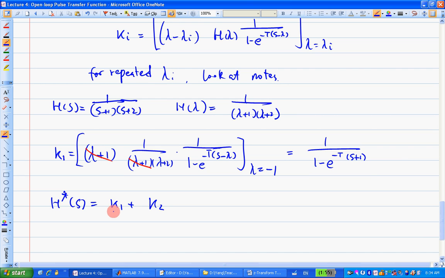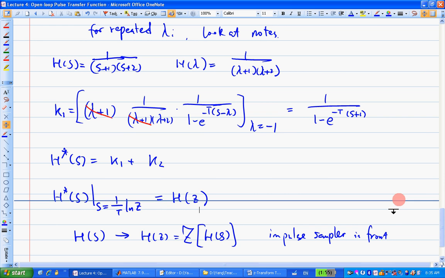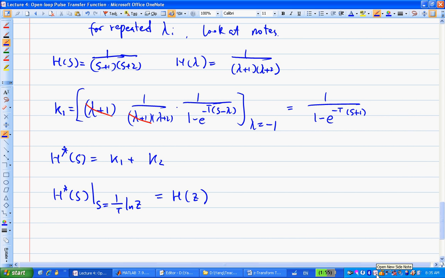So the next step, what you do is basically replace that s with 1 over T ln z, to obtain this H of z. Is that clear? Yeah.